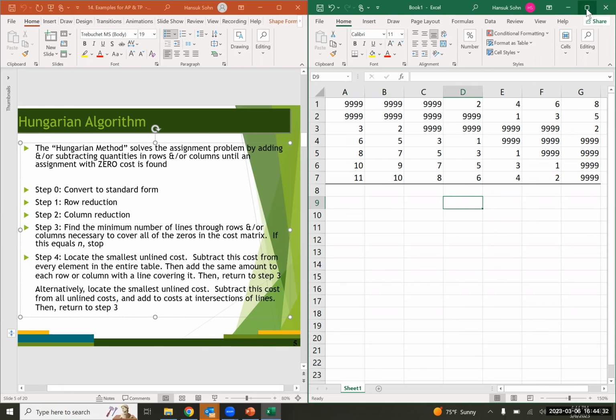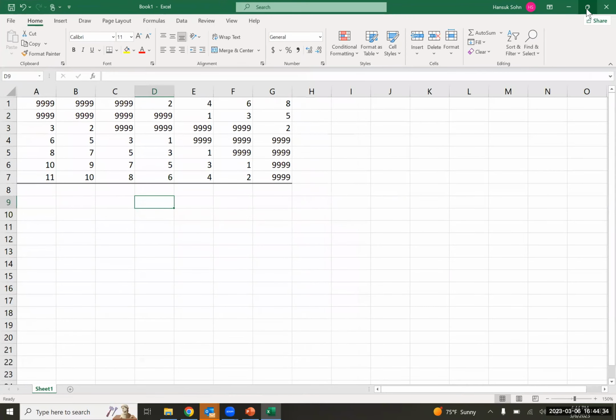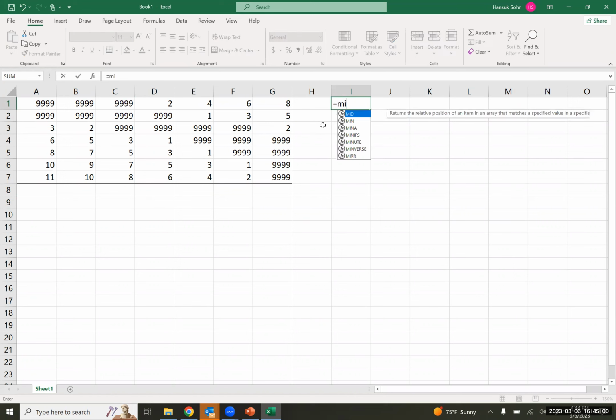I'm going to use the full screen for that. So what is the row reduction? We need to identify the minimum number for each row and then subtract the same number from each cell in the entire row. So here, what is the minimum number among these 7 values?